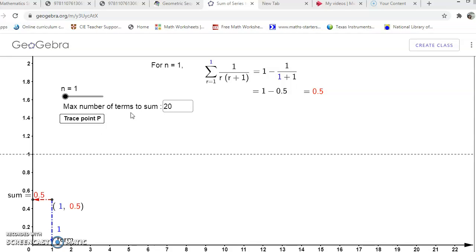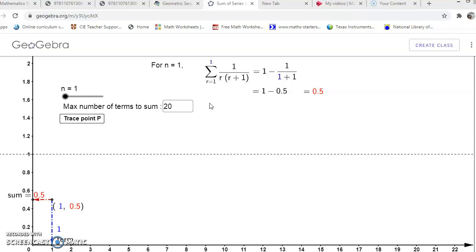At the moment I have kept the maximum number of terms at 20. I start with n equal to 1, and here it's calculating the sum directly.